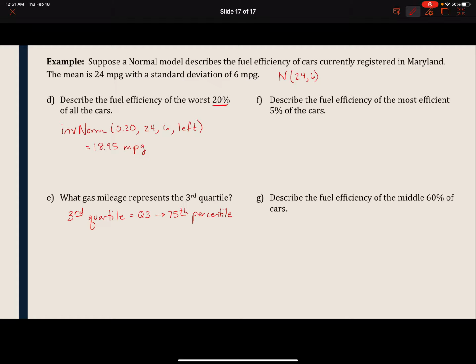So again, regardless of which calculator you have, because we're talking about a left area, you don't have to change anything. You're just doing inverse norm. It's the left 75%, with a mean of 24 and a standard deviation of 6. And with this one, we will get 28.05 miles per gallon.